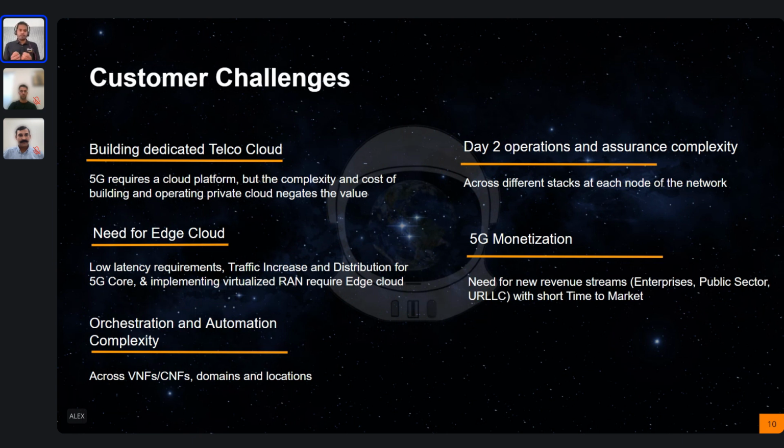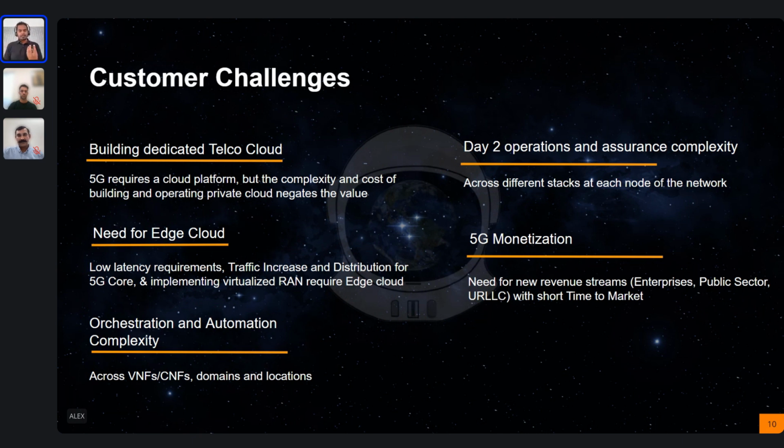all the functions, if you look at the 5G specification, it is built with a distributed architecture in mind, right? So you have the central unit and you have the distributed unit where your user plane functions, or user data functions, reside, while in the central unit you have your authentication functions, network slicing functions, right?